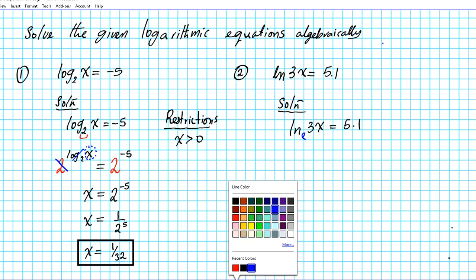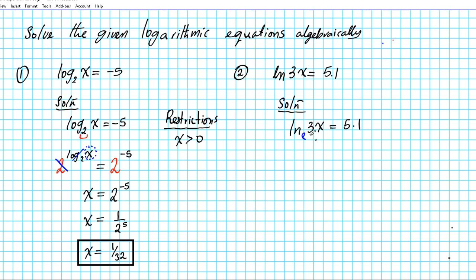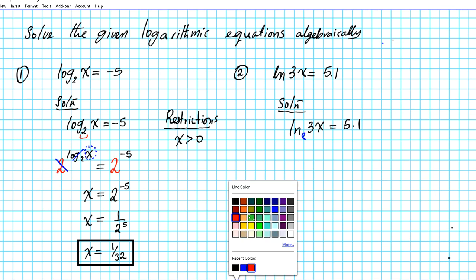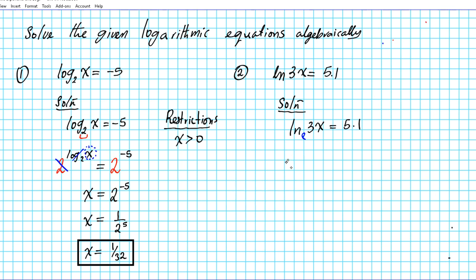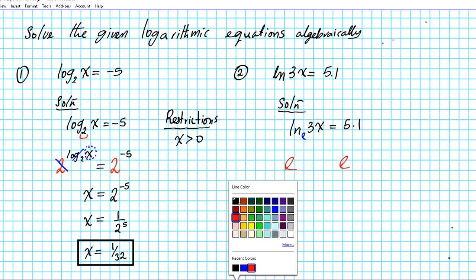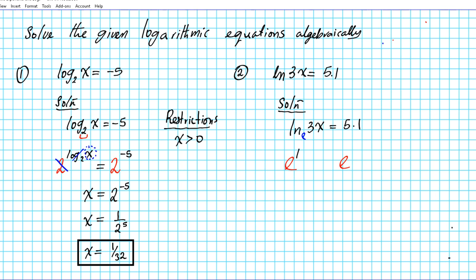Okay? To get rid of log, we're going to use the inverse operation, which is exponent. Since the base of this log is e, we're going to exponentiate using e as the base of our exponentiation. Alright, so we're going to put, just like we did in number 1, a big e on the left and a big e on the right. And on the left side, we're going to have a little natural log of 3x, okay, equals e to the 5.1.